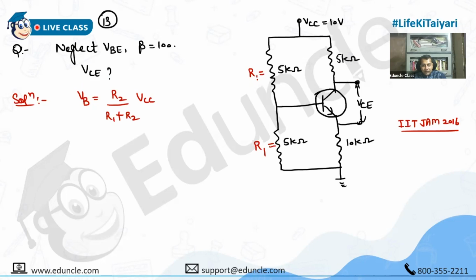So this formula is valid when this one is R1 and this one is R2. If the examiner interchanges R1 and R2, then you need to make a change over here also. Then this will become R1 by R1 plus R2. So please take care of these things in the exam.